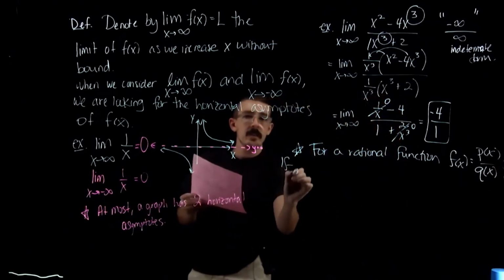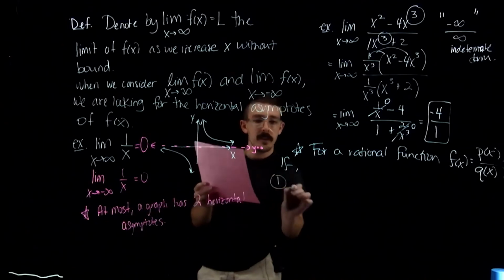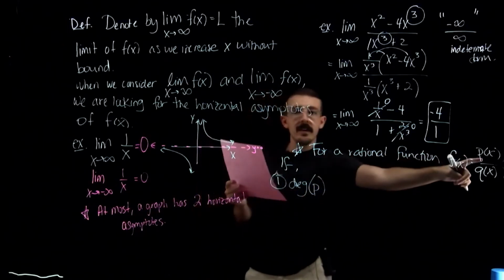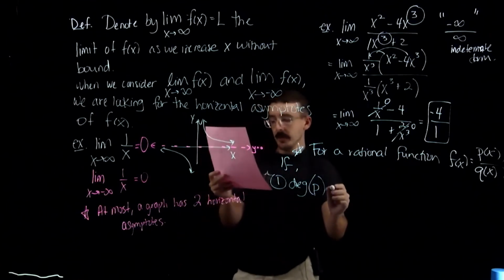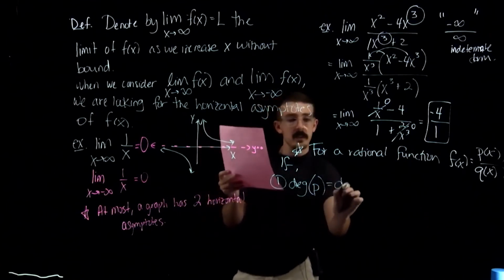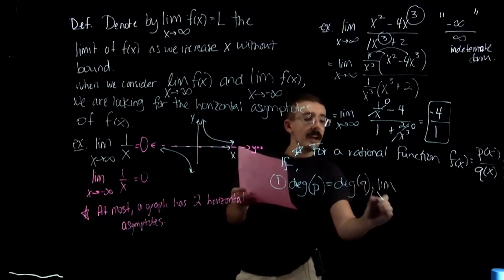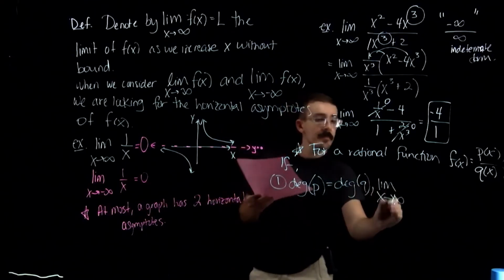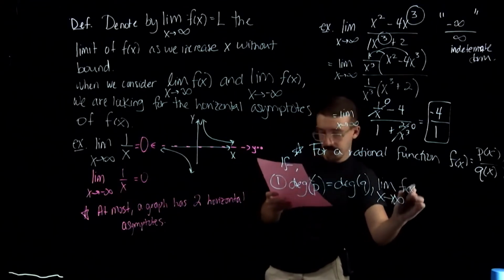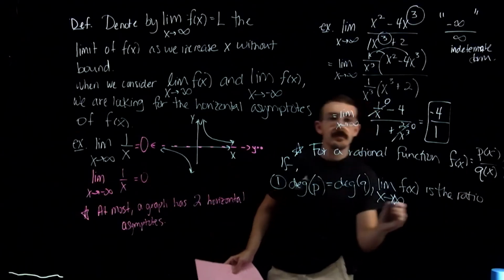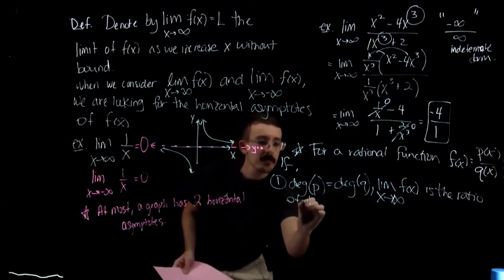So if 1, the degree of p, the upper polynomial in the numerator, equals the degree of q, then the limit as x goes to infinity of f of x is the ratio of the leading coefficients.